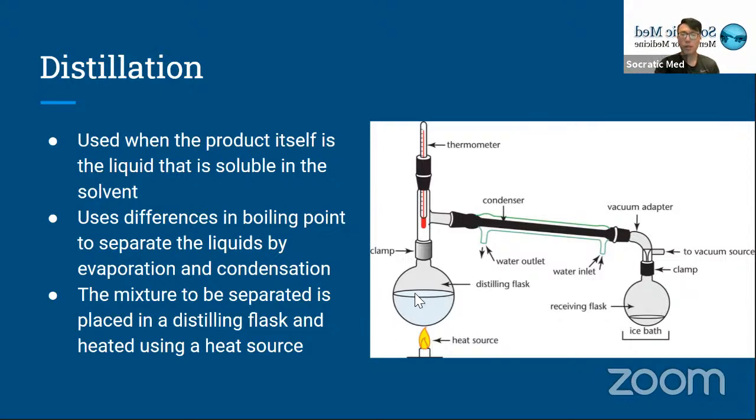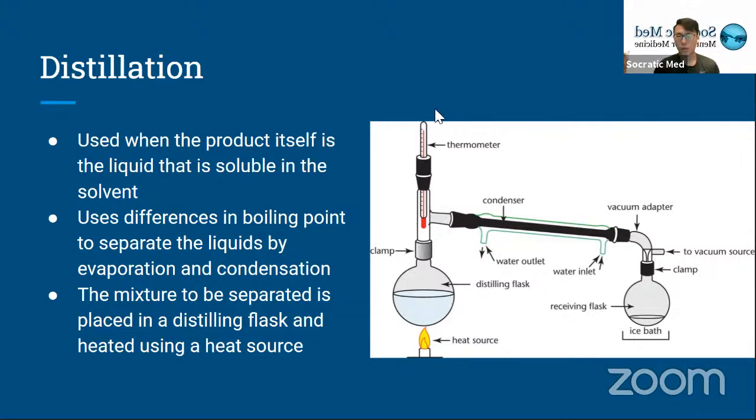Because the liquids in the distilling flask have a difference in boiling point, you can boil the solution, and the first liquid that comes out will be one distinct product, and then anything after that will be a separate liquid that boils at a different temperature.